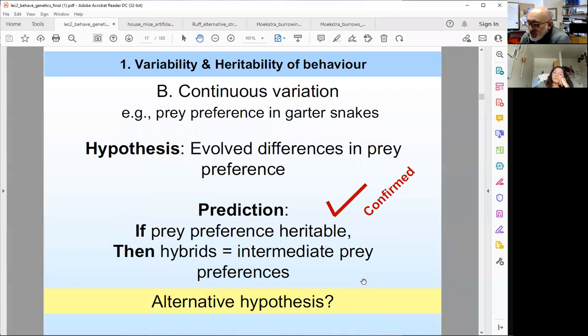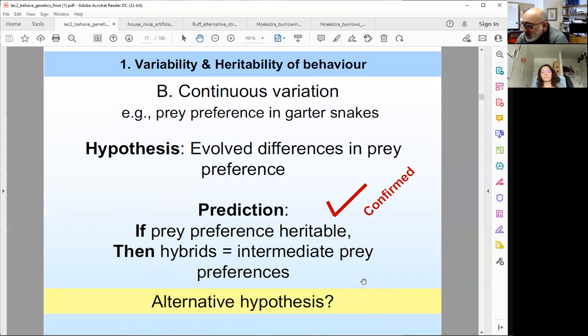Okay, so this suggests that this preference, this behavior, reflects an evolved difference between these two populations. So we can also ask, what would hybrids between snakes that come from inland versus the coast have? They should have an intermediate prey preference.